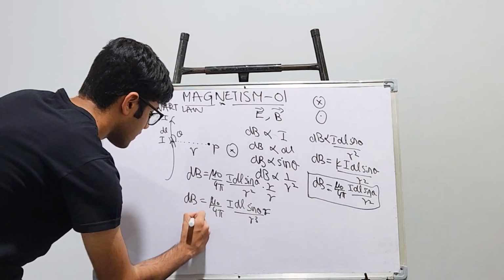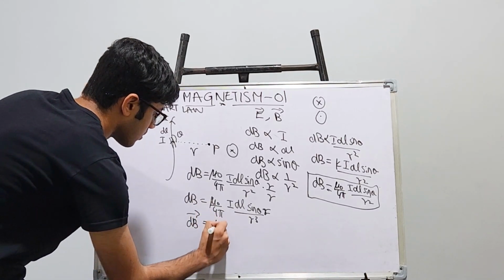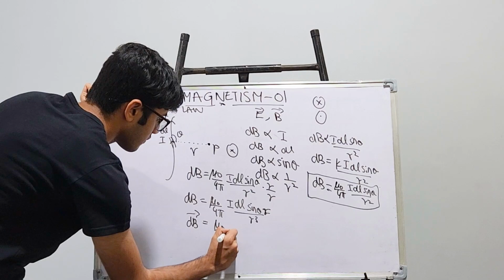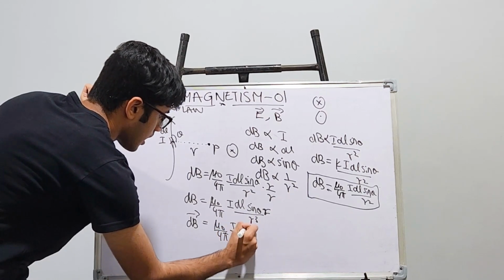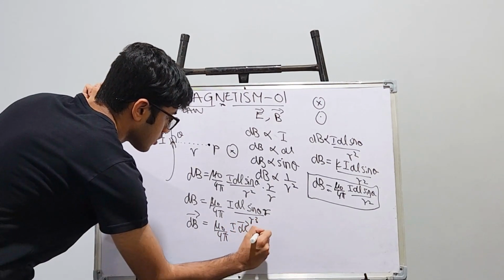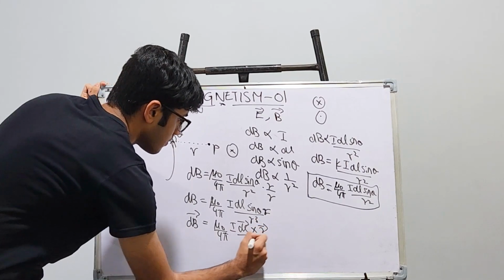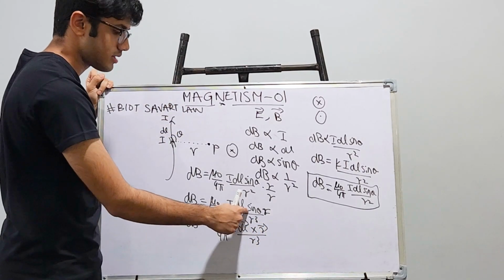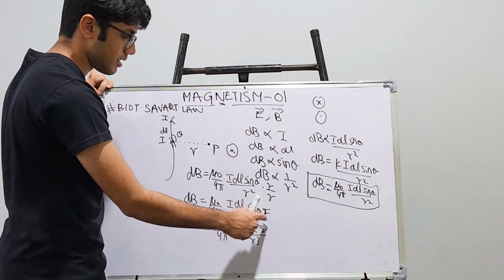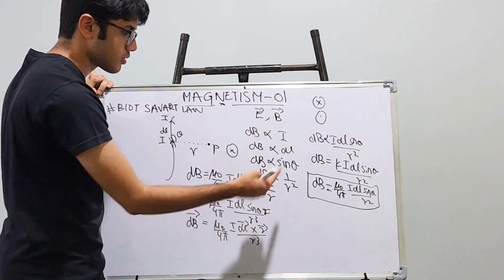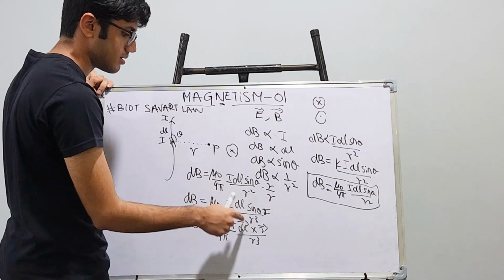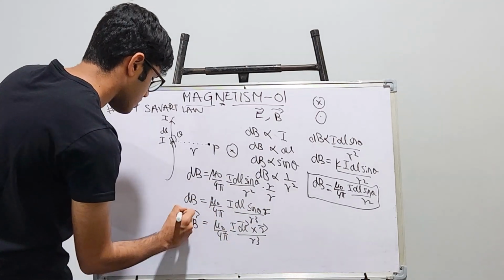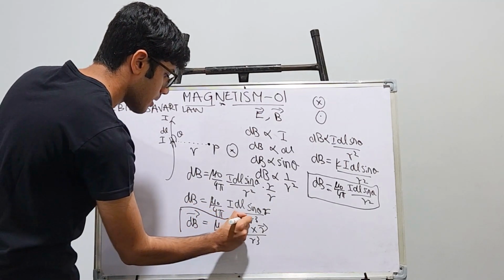Now this in vector form can be noted as mu naught by 4 pi I dl cross r by r cubed. This is the cross product, and when we remove the cross product, we get the sine theta. So I dl sine theta r over r squared, because r and r would get cancelled. So in vector form, this is the formula.